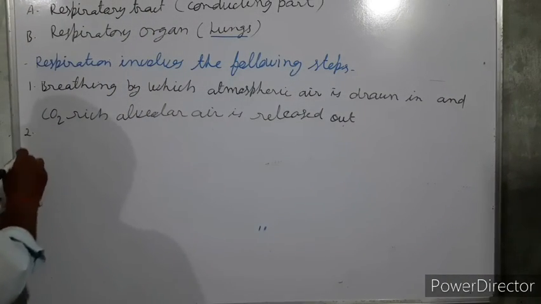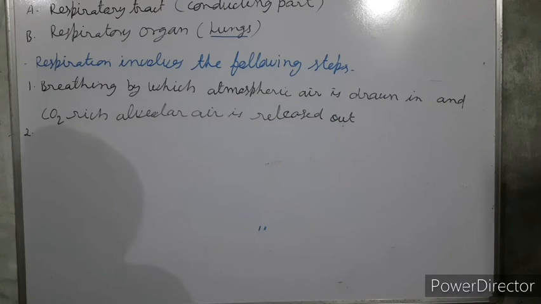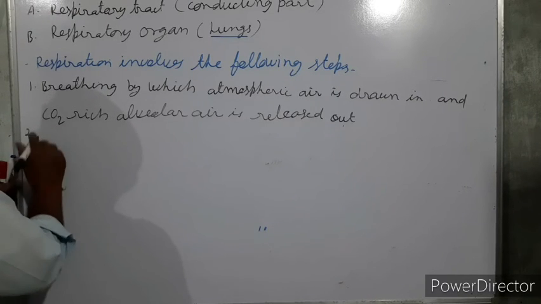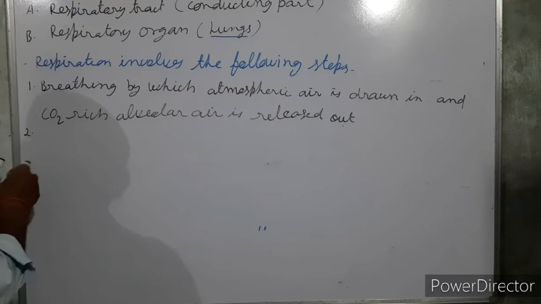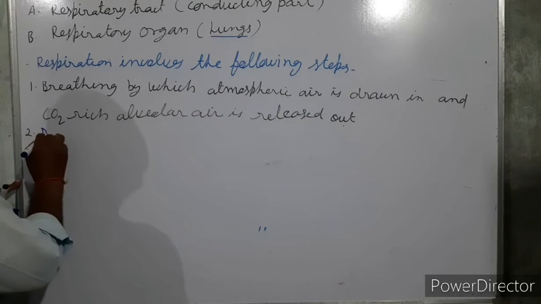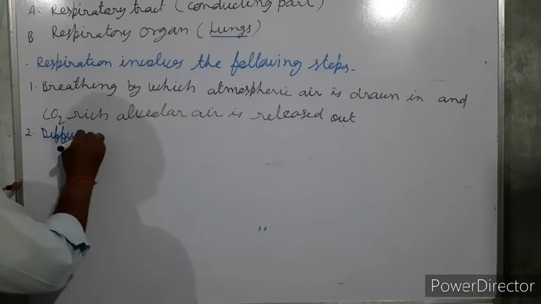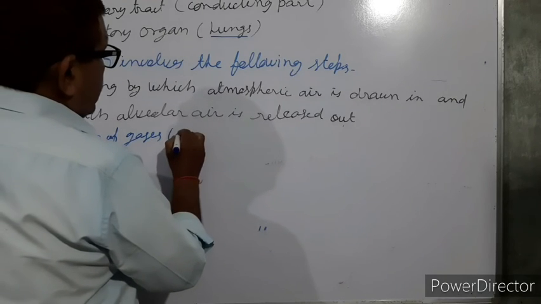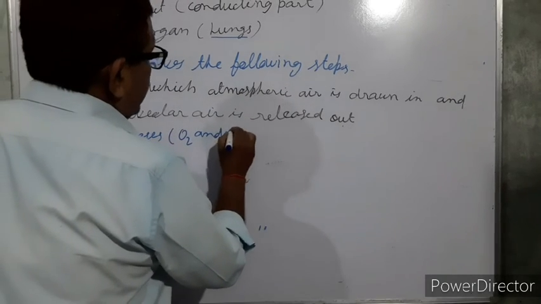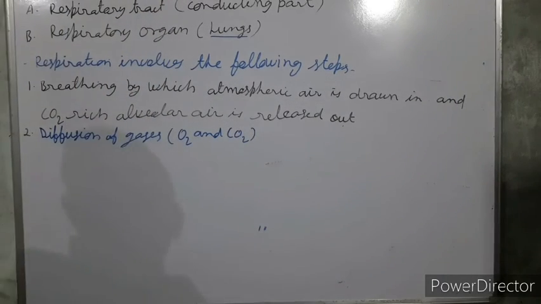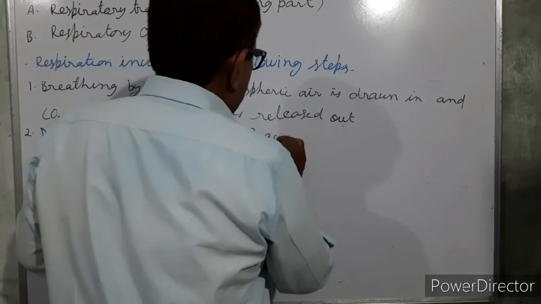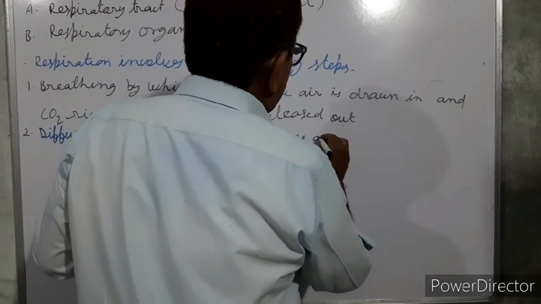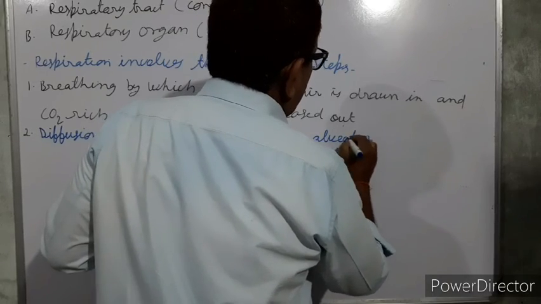And the second step is diffusion of gases, that is oxygen and carbon dioxide, across the alveolar membrane.